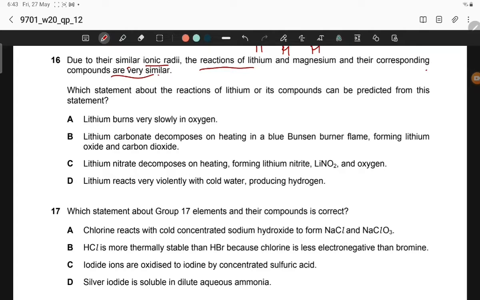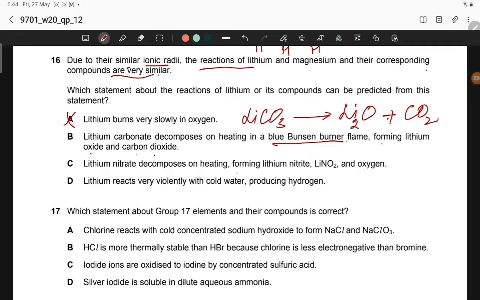No, lithium does not burn very slowly in oxygen. So this is incorrect. Lithium carbonate decomposes on heating in a blue Bunsen burner flame, forming lithium oxide and carbon dioxide. Yes, lithium carbonate decomposes on heating to form lithium oxide plus carbon dioxide, with a blue flame.